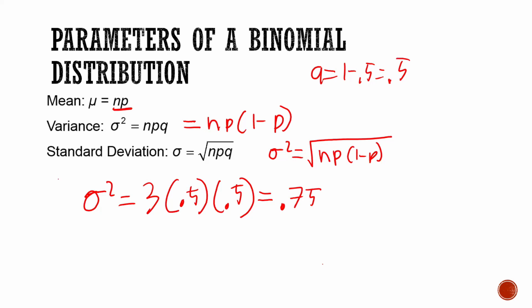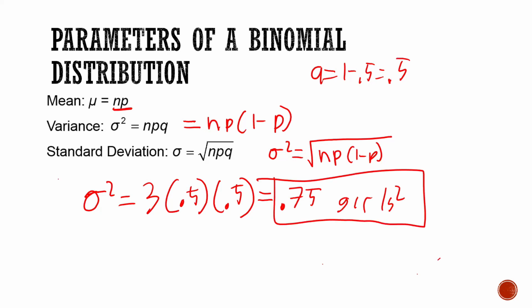All right, and then the unit here is weird. So the mean was 1.5 girls. So the variance is in square units, it is 0.75 girls squared. No idea what that means as a unit. Variance is weird that way, right? But standard deviation is simply the square root of your variance, right?